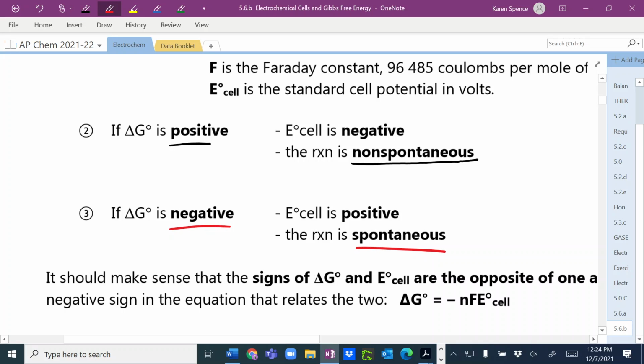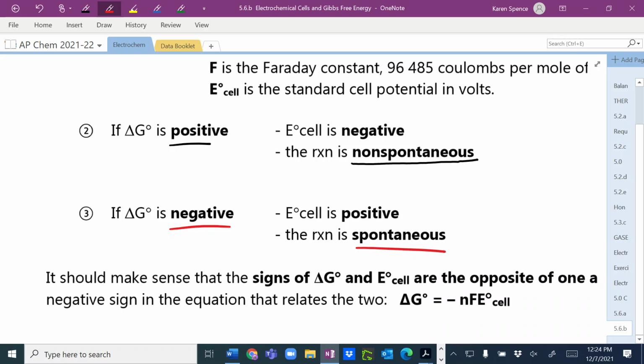To help you remember that, you can remember that Gibbs free energy is actually related to, but not equal to, potential energy. If you have a change in potential energy from low to high, is that a spontaneous process or a non-spontaneous process? You're lifting something from a low potential and moving it up to a higher potential.